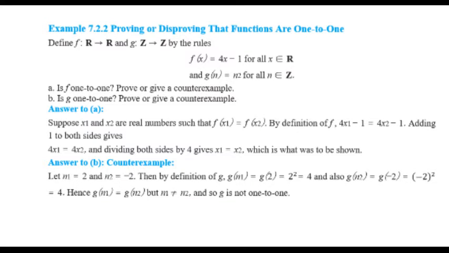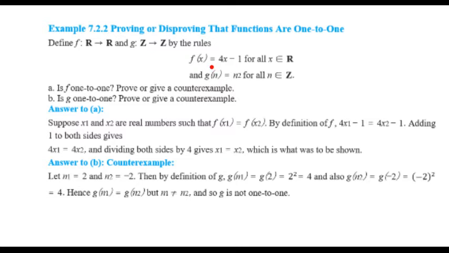Okay, so now let's see an example from the book, example 7.2.2, which is about proving or disproving that functions are one-to-one. Consider two functions f and g. F is from R to R, and G is from the set of integers to the set of integers.